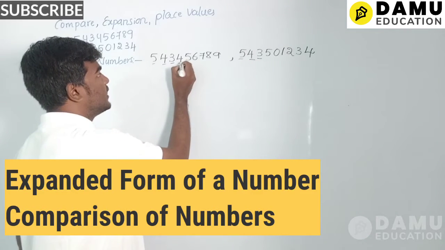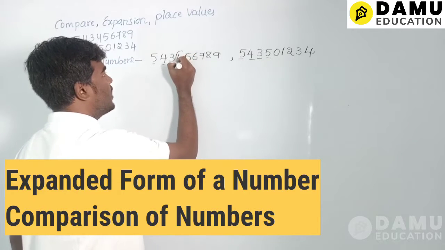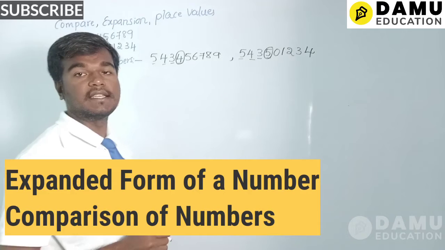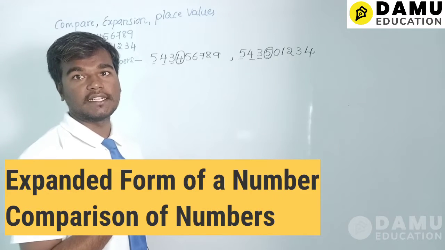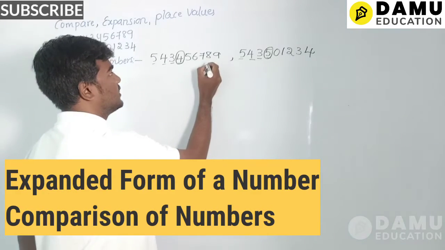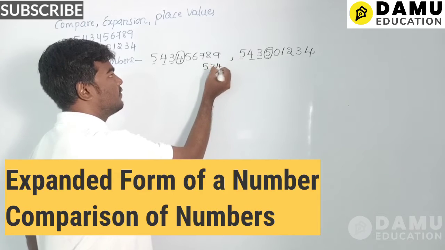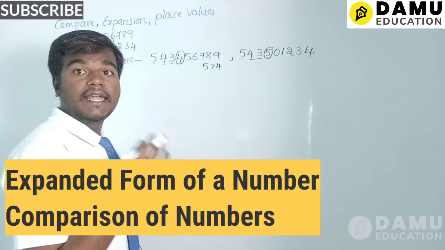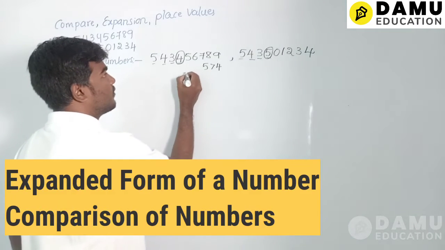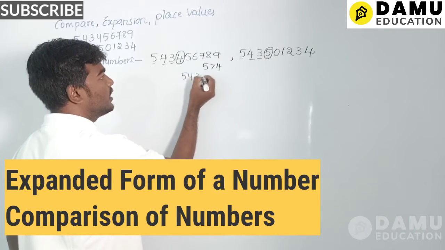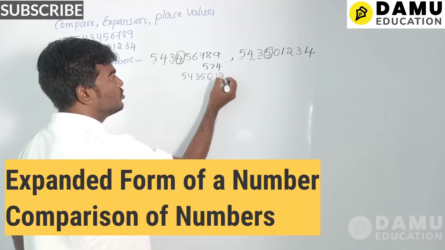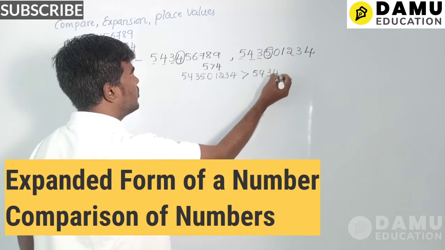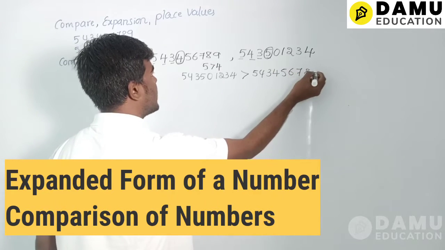Now here 4 is there, here 5 is there. So 4 and 5 from the left, fourth place. Is 5 greater or 4 greater? We know that 5 is the greater number. 5 is greater than 4. So the greater number is 5, 4, 3, 5, 0, 1, 2, 3, 4, which is greater than 5, 4, 3, 4, 5, 6, 7, 8, 9.